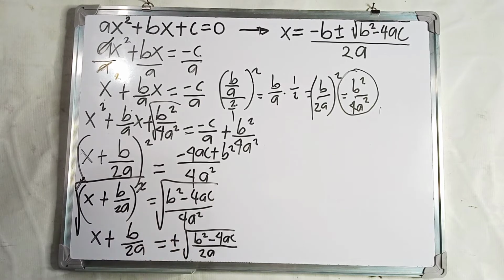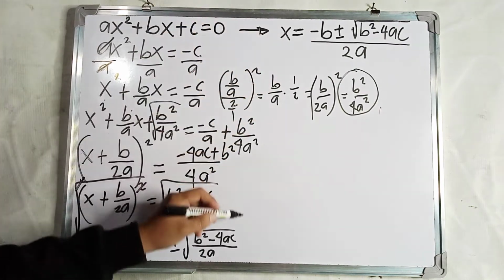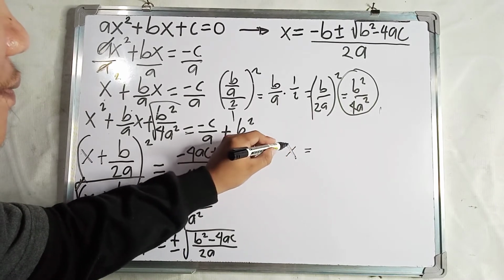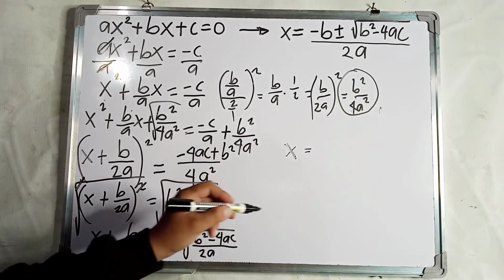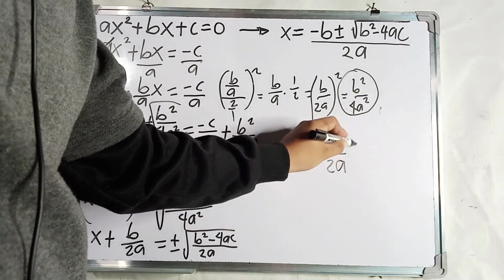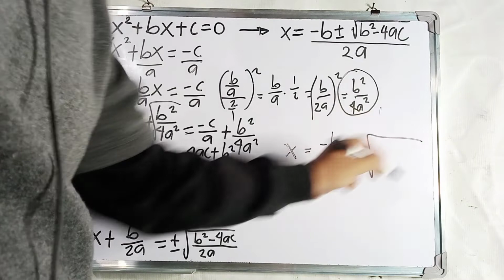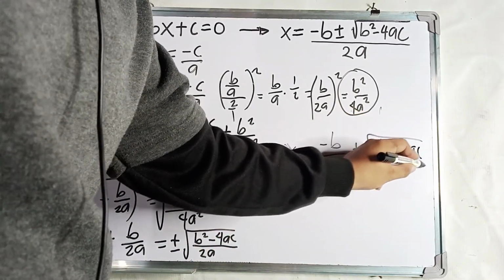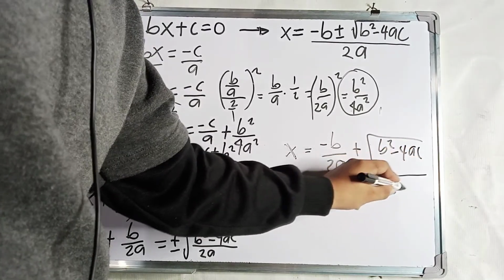Then we are going to transfer this b over 2a to the other side, so only the x remains on this side. So this will become x is equal to negative b over 2a positive negative square root of b squared minus 4ac over 2a.